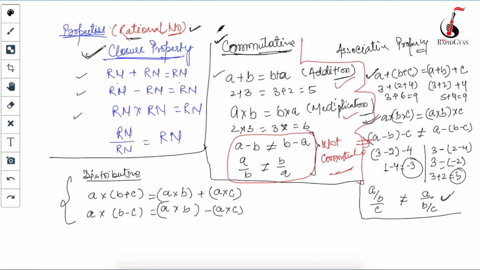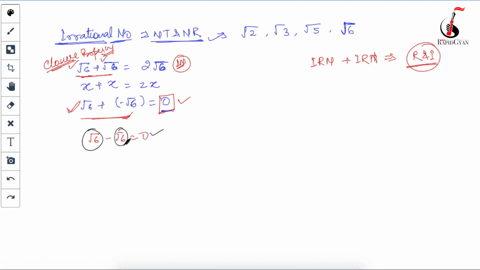Now let's check whether multiplication is supporting or not. Suppose I multiply under root 6 with under root 3. What will I get, beta? I will get under root 18. Don't worry, I will explain how we are getting it. If you already know, that's fine. If you don't know, I will explain it, guys.